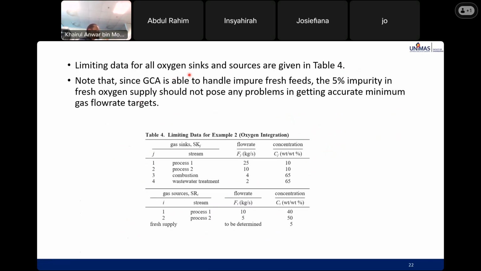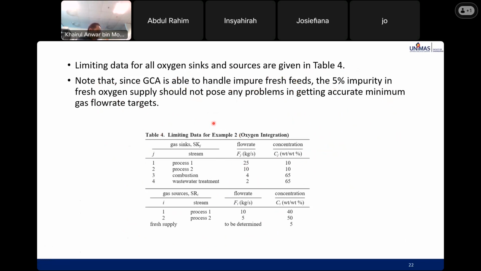Limiting data for all oxygen sinks and sources are given in table 4. Note that since GCA is able to handle impure fresh feed, the 5% impurities in fresh oxygen supply should not pose any problem in getting accurate minimum gas flow rate target.